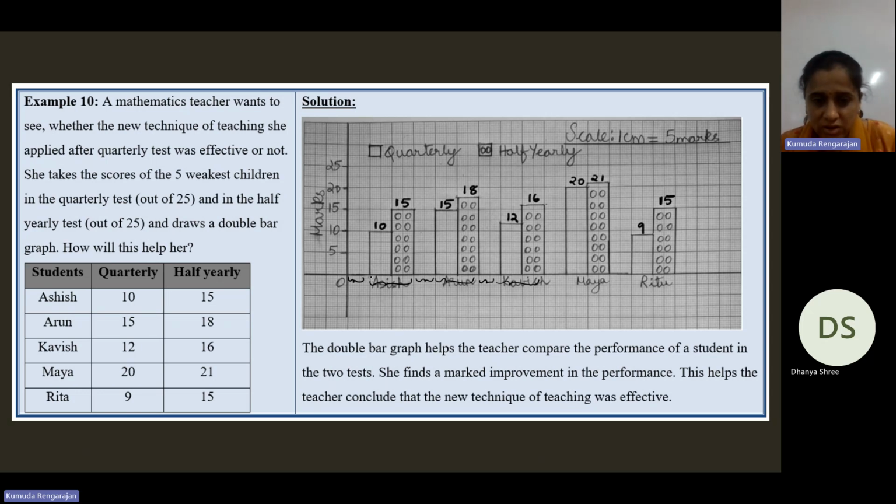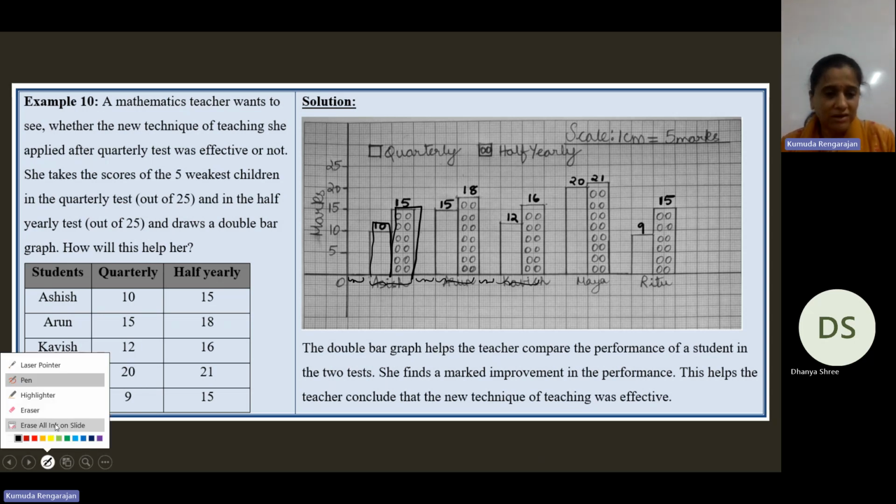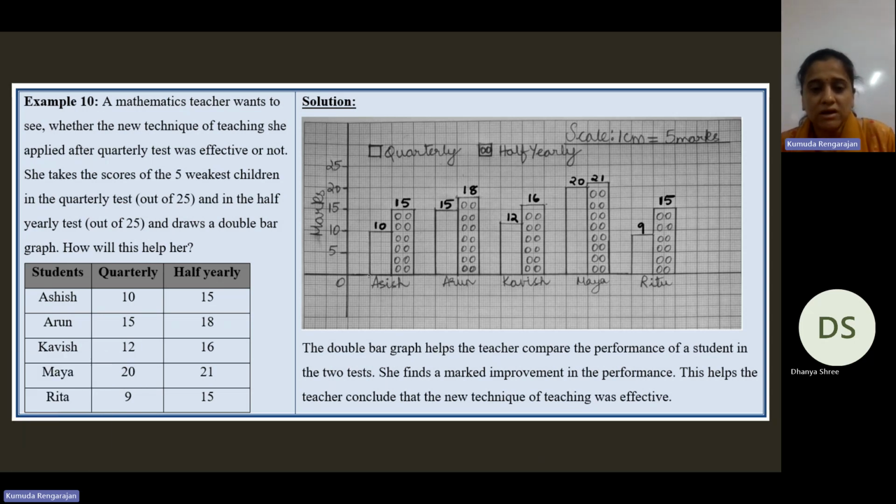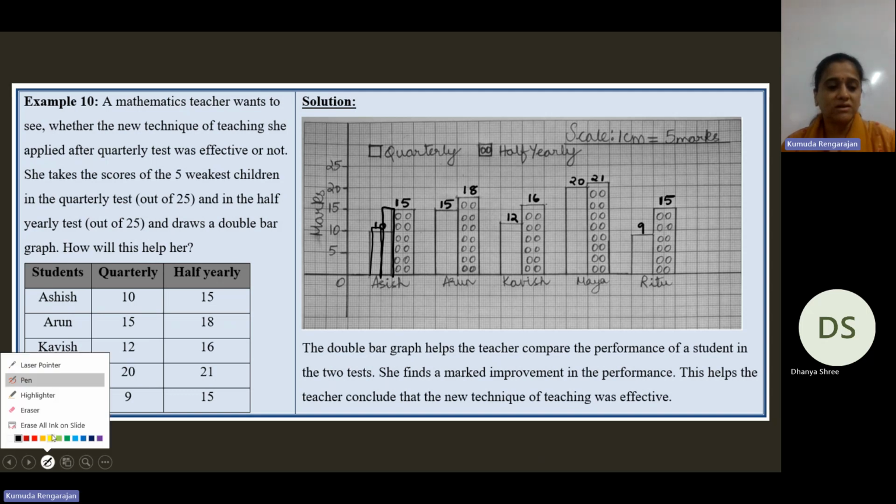So in the 2 centimeters, 1 centimeter is for the quarterly rectangle. The next centimeter is for the half yearly rectangle. You can even make it like this, or this one for quarterly and this one for half yearly. That's fine. How thick the rectangle should be is left to you. I'm just explaining what is here.